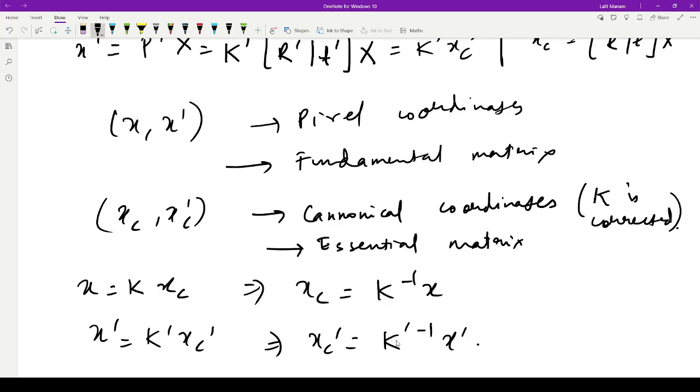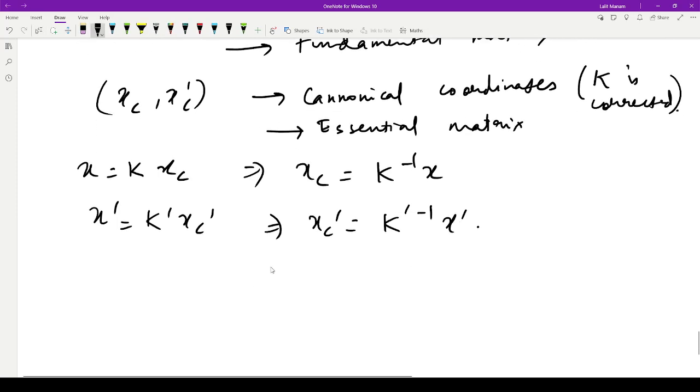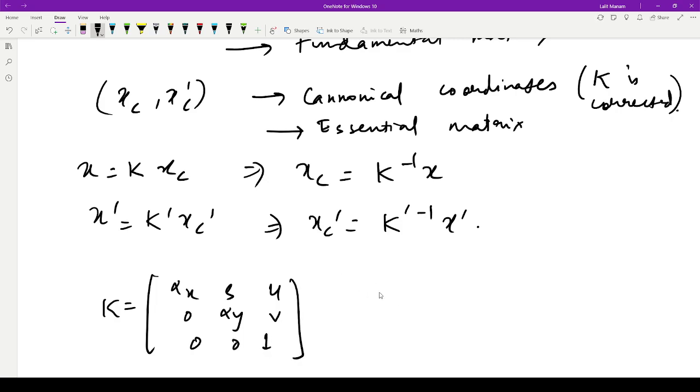So what do you mean by canonical coordinates? If you remember, here you have some alpha x, alpha y, here there was some s, here u v, 0 0 1. In canonical coordinates, you have corrected for the calibration matrix.